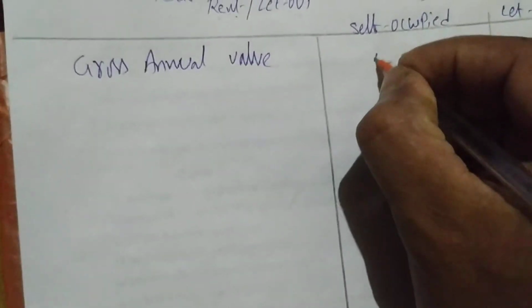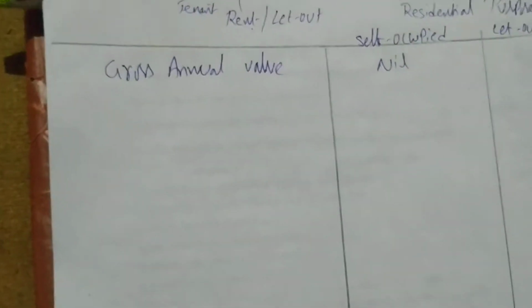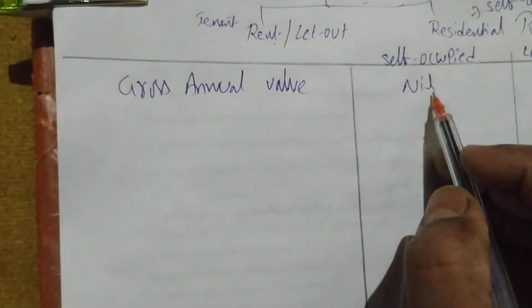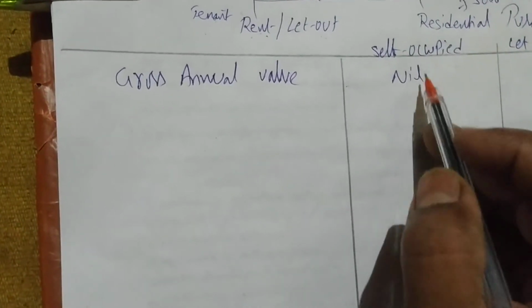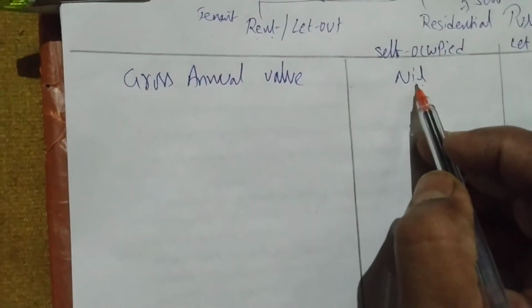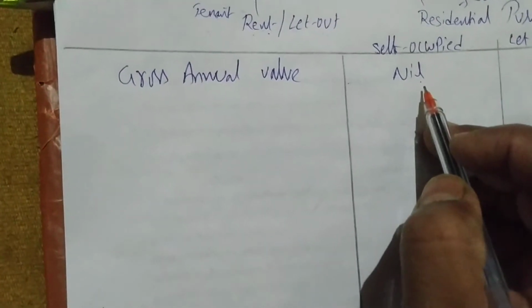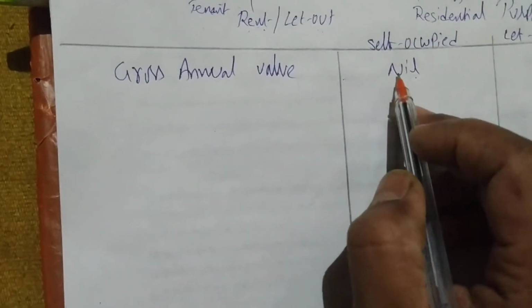Gross annual value for self occupied will be nil, because the owner is not getting any rent from anyone. He himself is staying in the house. That's the reason the gross annual value is nil.